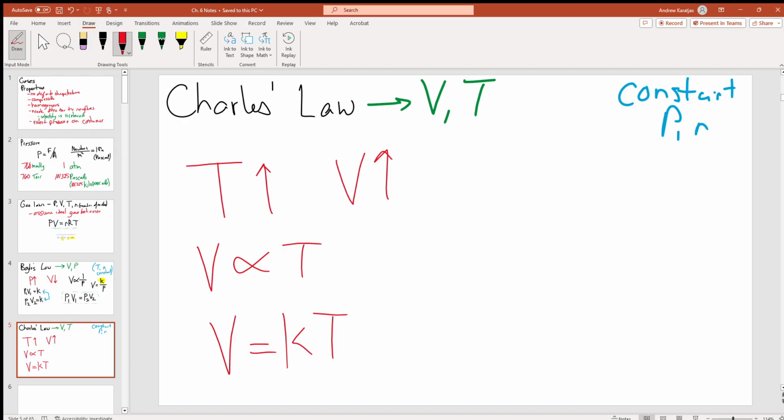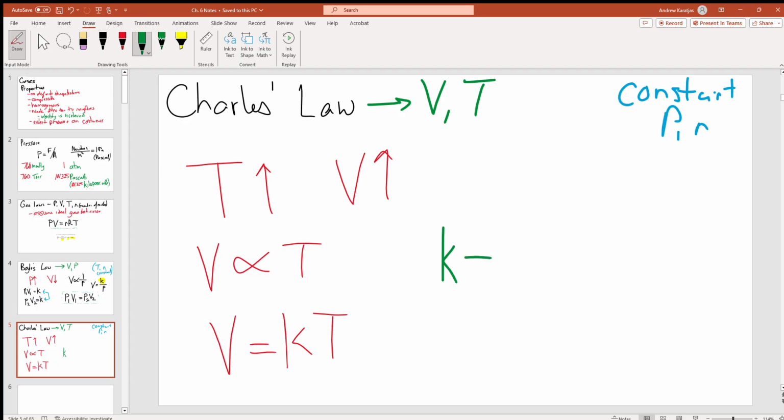Now we run into the exact same problem with Charles' law with this constant that we did with Boyle's law. This constant is different for every gas. So we can do the exact same rearrangement and substitution. We're going to first isolate K by itself.